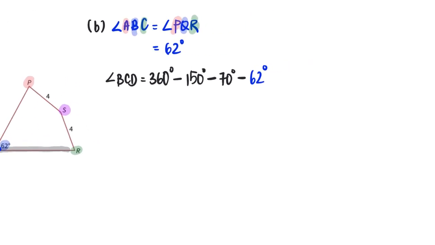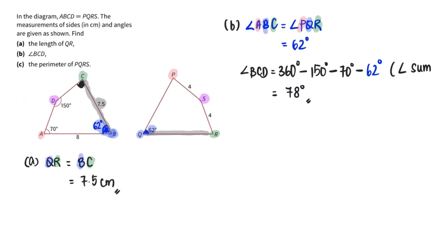The reason is this is an angle sum of a quadrilateral, four-sided figure, add up to 360 degree. That will give me an answer of 78 degrees. So part B is done.